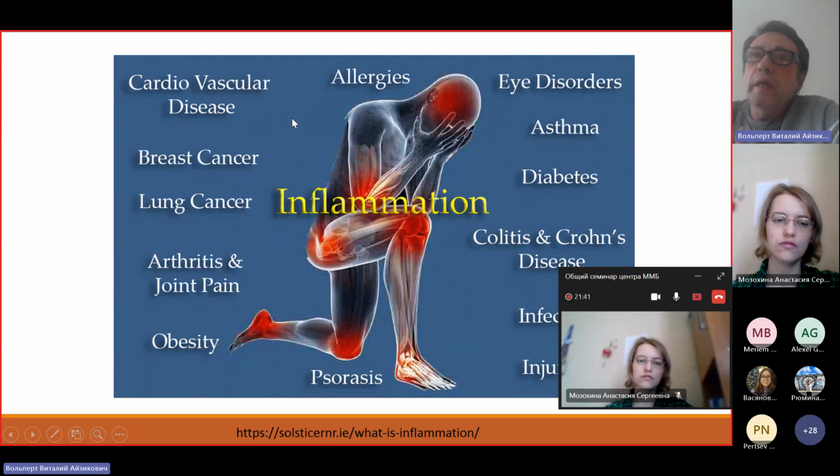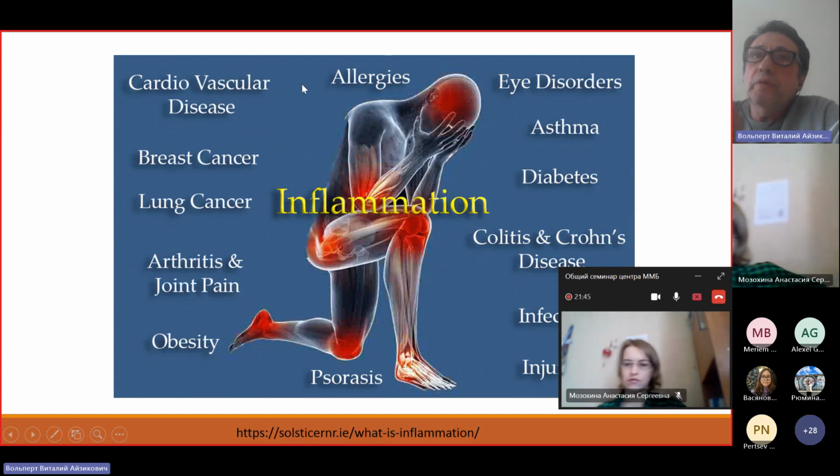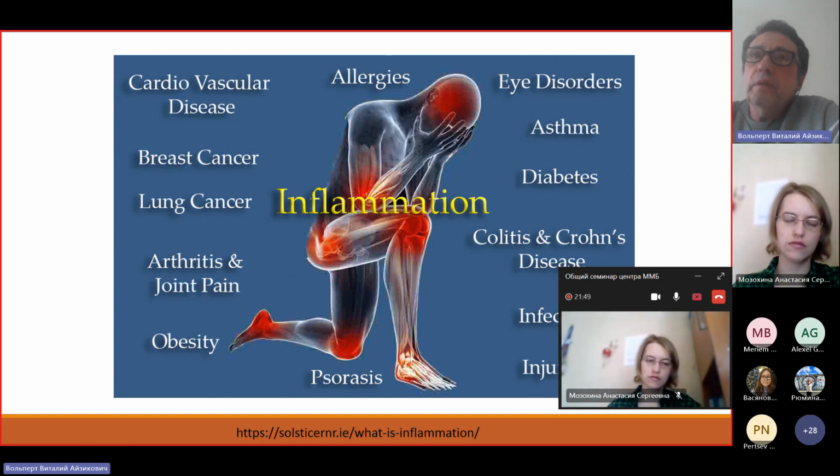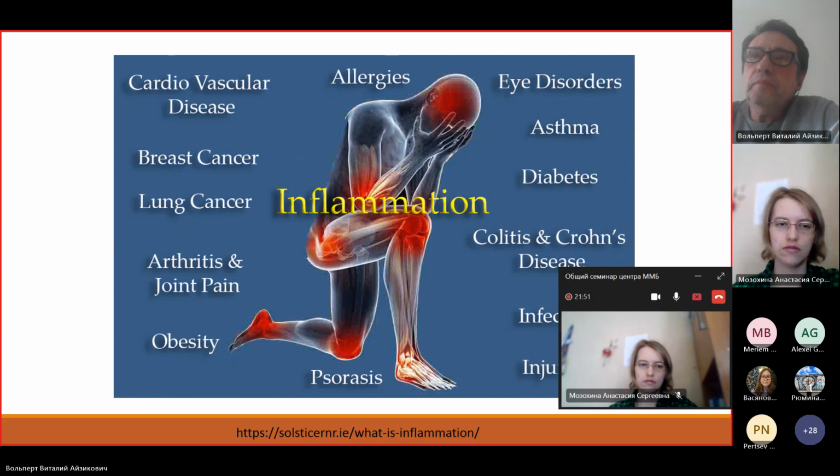in the slide, accompanied by inflammation. For example, cardiovascular disease, where we understand that it is atherosclerosis. Of course, inflammation plays a very important role in atherosclerosis. But there are also many others, for example different types of cancers. There are some of them here, but I suppose that all types of cancer are accompanied by inflammation.